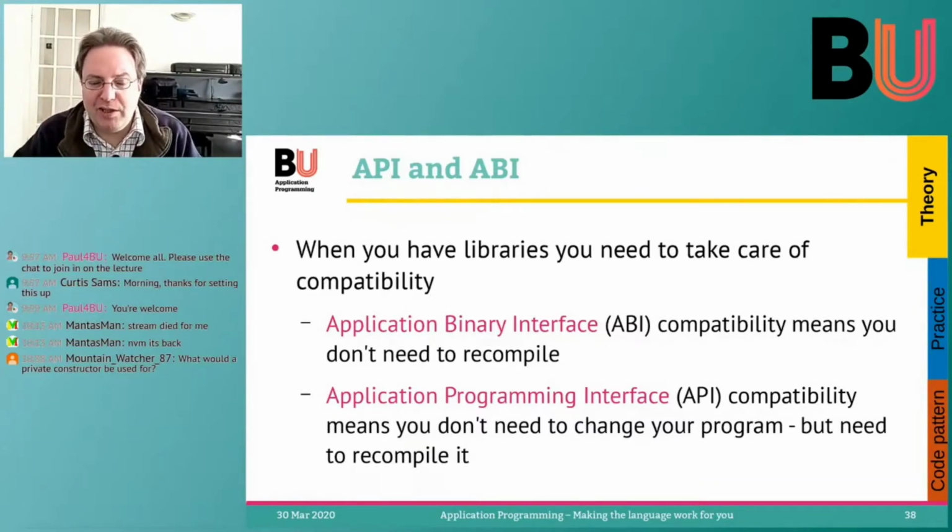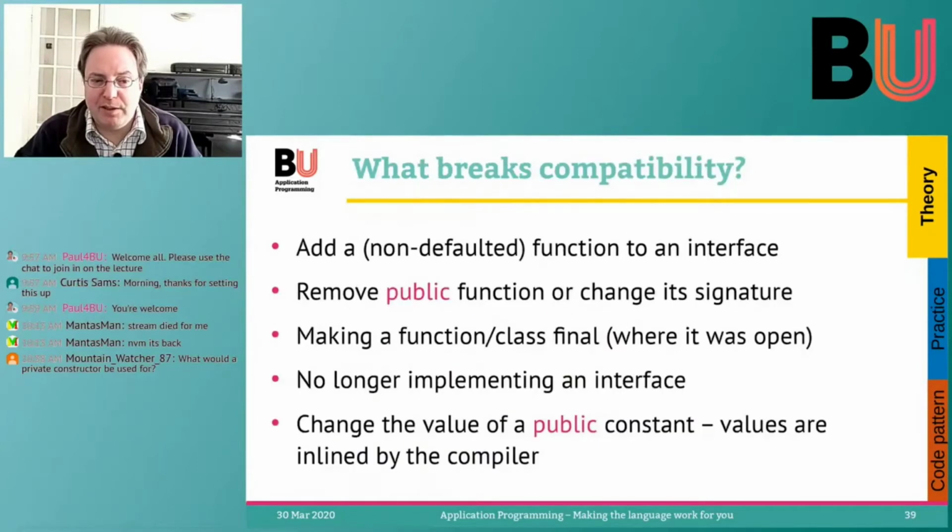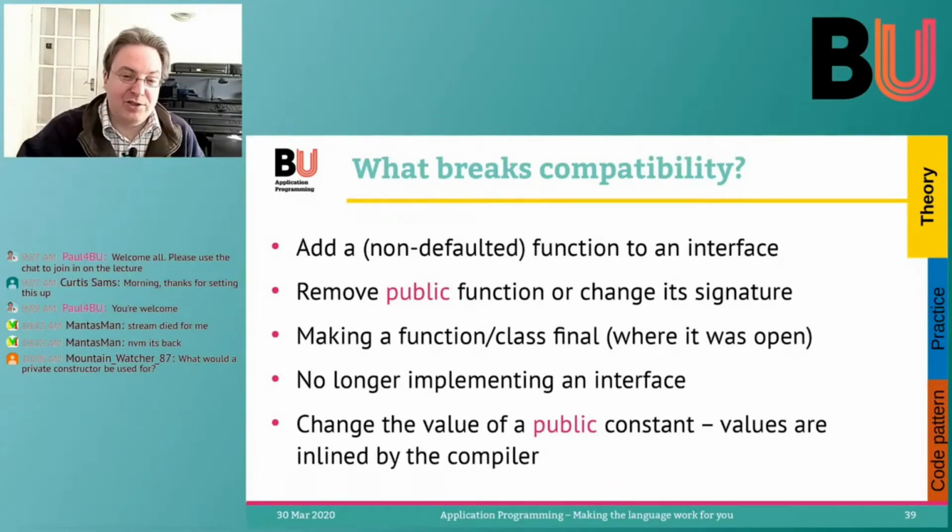But there are a lot of things that also break programming compatibility, source code compatibility. If you add a function to an interface that's not defaulted, that means that everyone that implements the interface now needs to upgrade their code. This is an interesting case because this is only an API incompatibility. It is not a binary incompatibility.